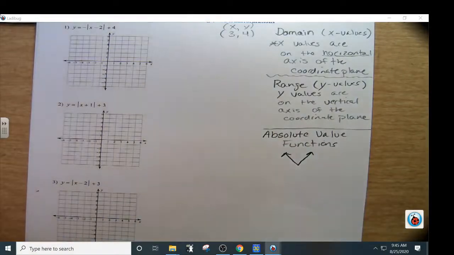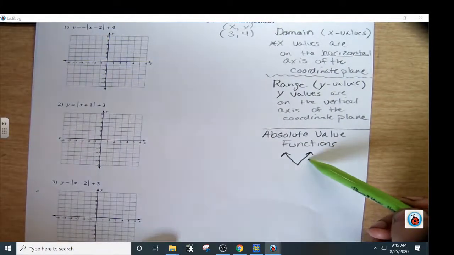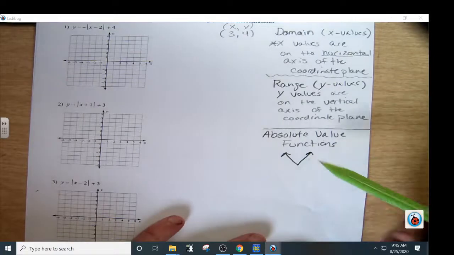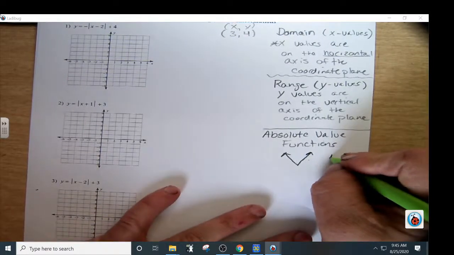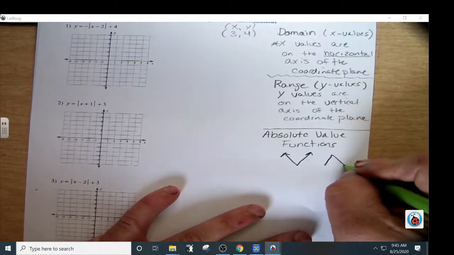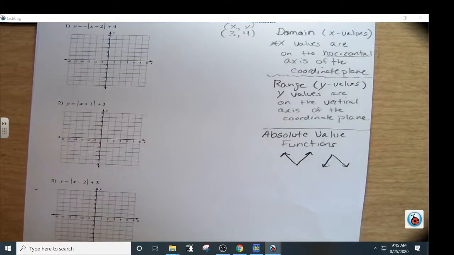So if you have a set of graphs there, and it says which graph shows the absolute value function, you know it's going to be this one because it makes a V. It also can open down like that. Both of those are absolute value functions.